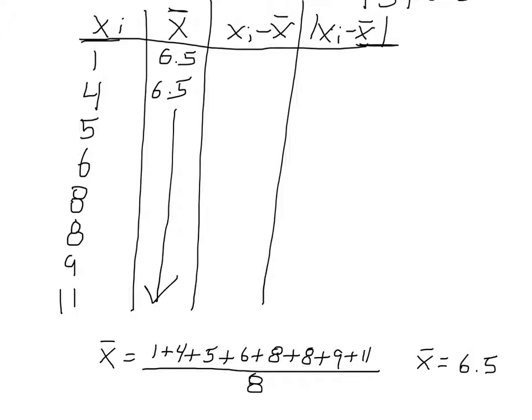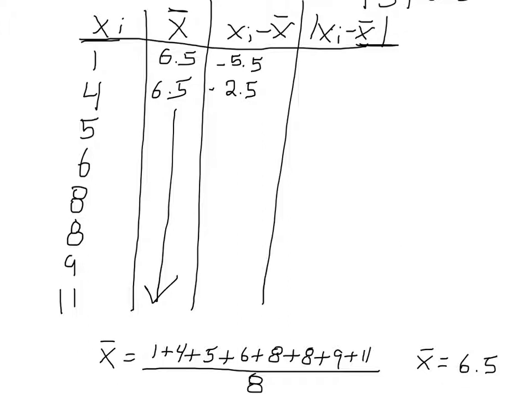So now we have to do our subtraction. We're going to go 1 minus 6.5, that gives me negative 5.5. 4 minus 6.5 gives me negative 2.5. We're going to do that for the whole table.